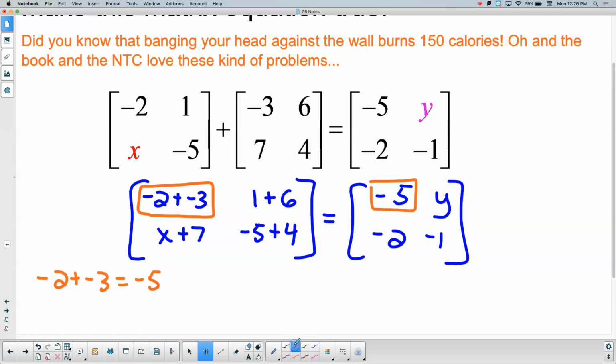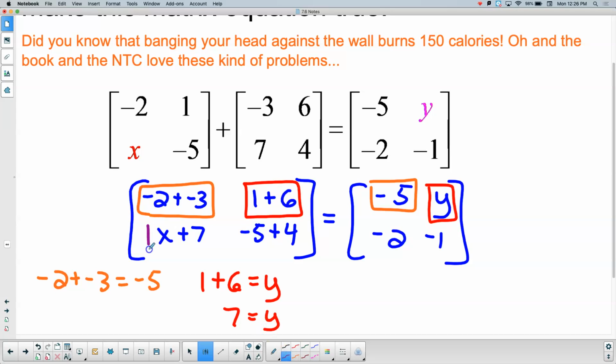Then I would say this plus this, or that, has to equal that. So 1 plus 6 has to equal y. So y has to be 7. Then I would say that has to equal that. So x plus 7 has to equal negative 2.